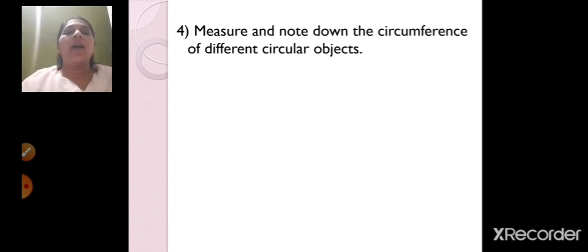You can take the cap of a bottle, or a bangle, or any circular object. Surround the object with the thread, measure that thread on the scale and write the answer.